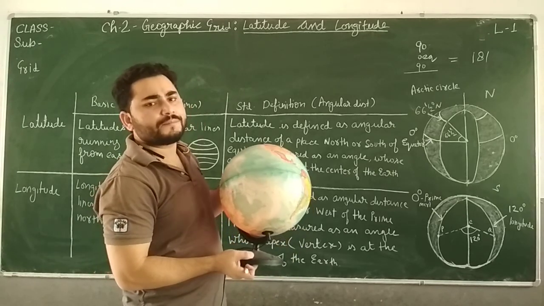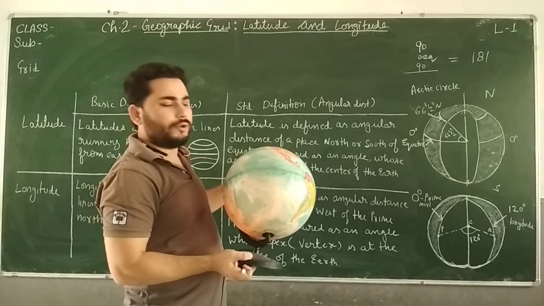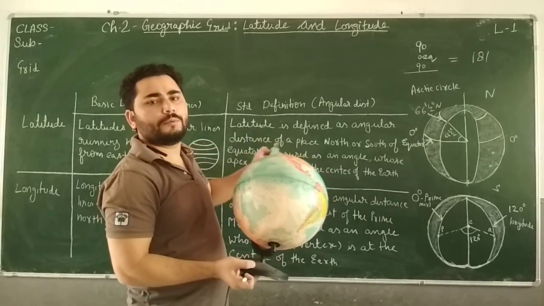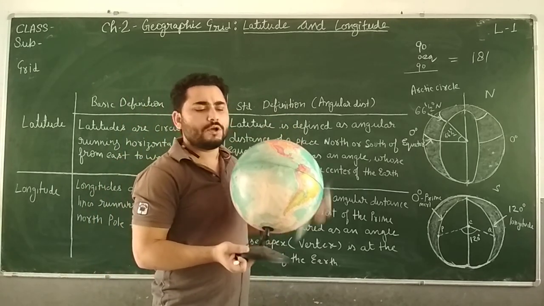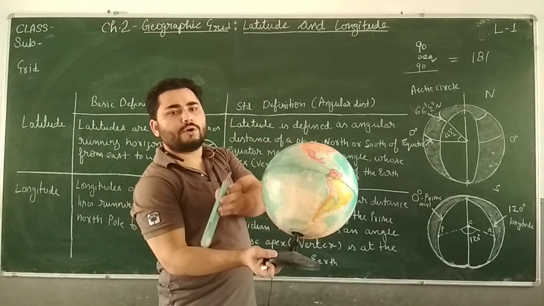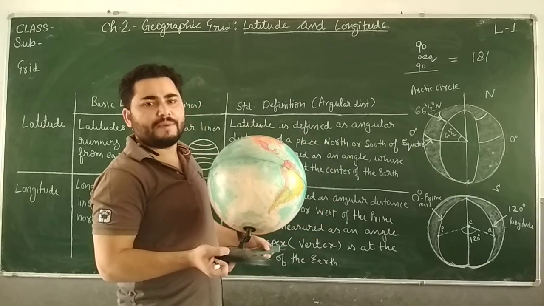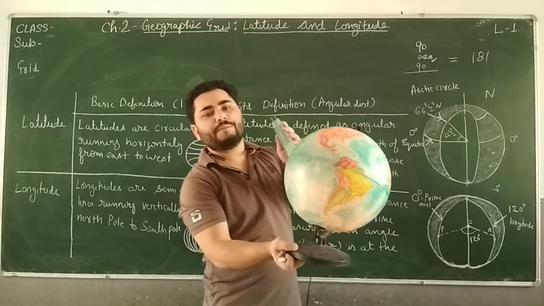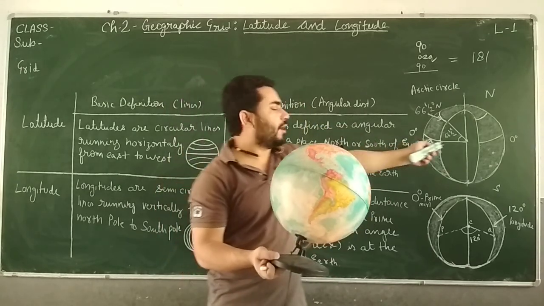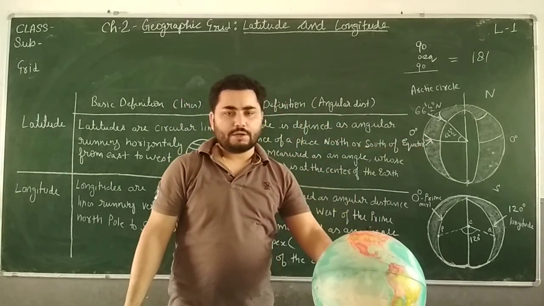So now we will use that, not the thing which was appearing on the globe. We will write that latitude is an angular distance of a place north or south of the equator, measured as an angle whose vertex is at the center of the earth, inside the center of the earth, which I have told you. Clear?